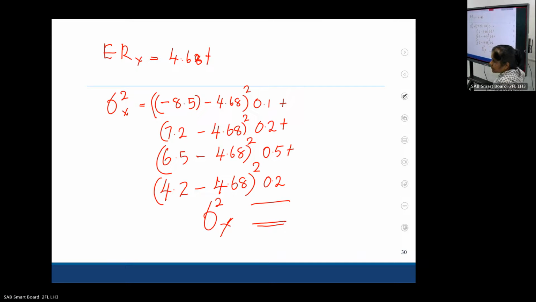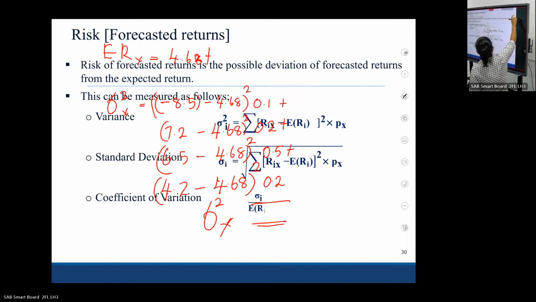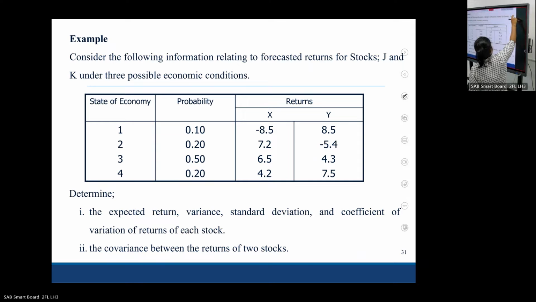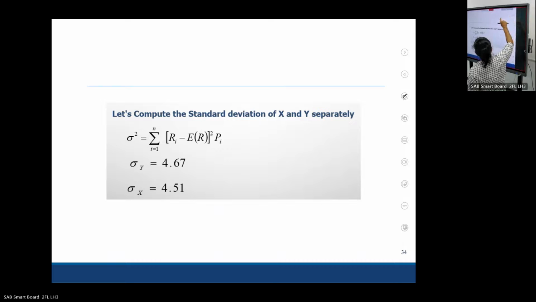Given the variance of X, you can get the standard deviation, 4.67.